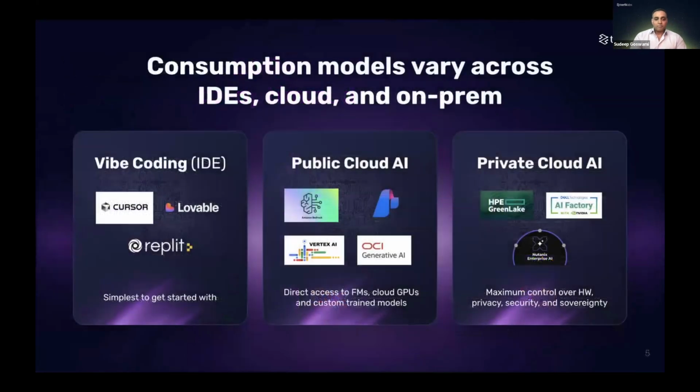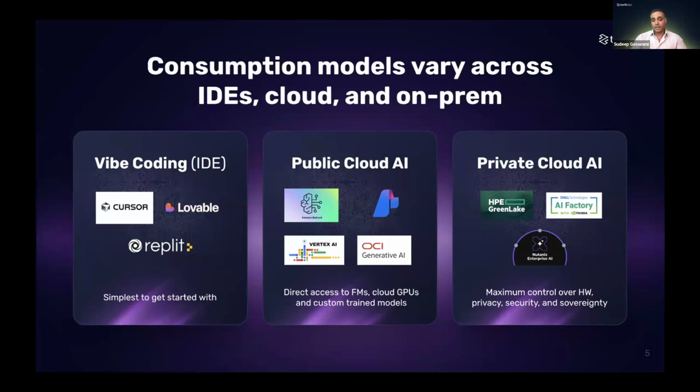All right, with that said, there are also many ways to consume these models. The models are going to continue to grow, but we see three broad buckets of consumption patterns. The first one, no surprise, is vibe coding with the IDEs. This is a direct and maybe the simplest way to start consuming AI models directly in your IDE.